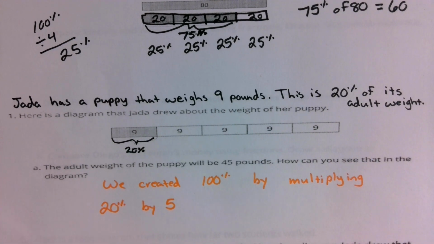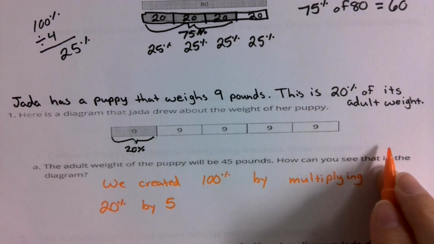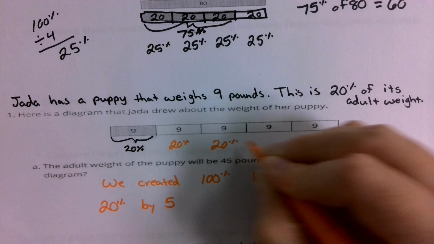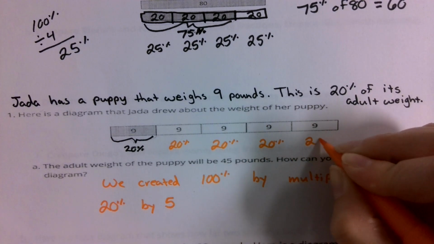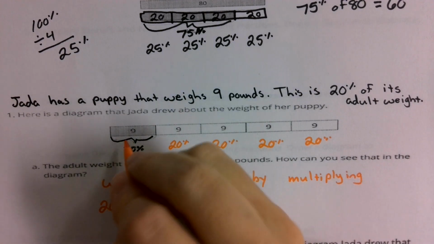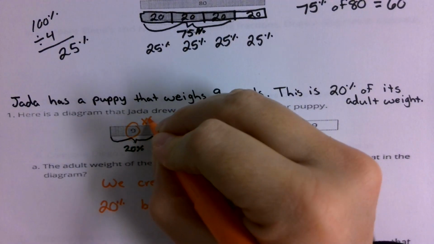So we know we had to create 5 sections. Since I had to multiply the percent by 5 to get 100, with 20%, 20%, 20%, 20%, I'm also going to have to multiply my 9 by 5.